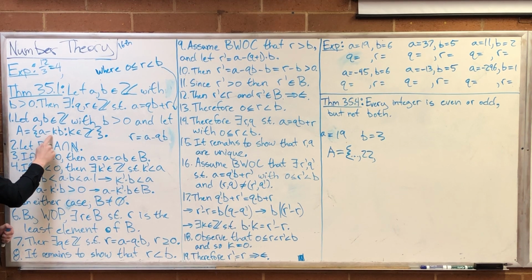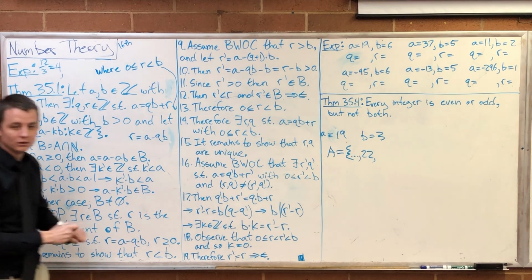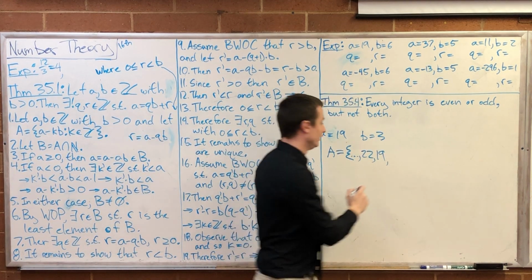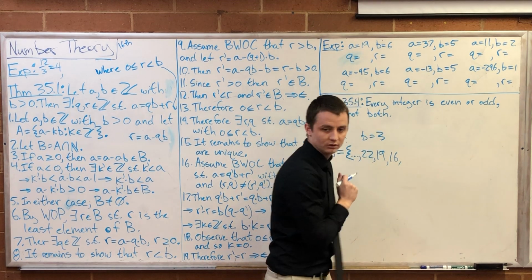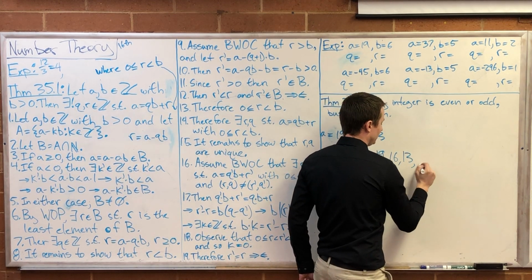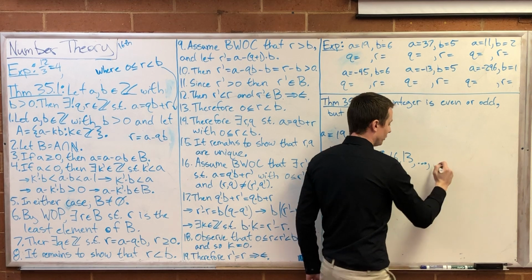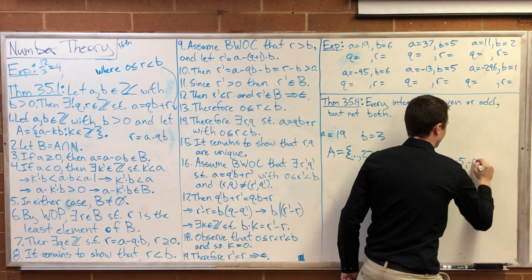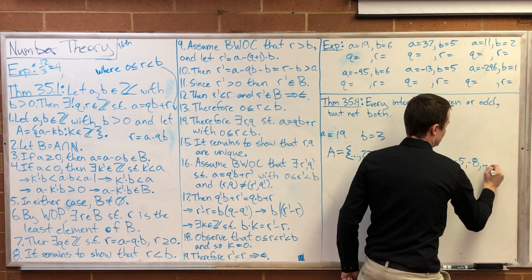Okay, now 19 minus 0 threes, 19. 19 minus 1 three, 19 minus 2 threes, and we keep going. We're eventually going to get 1, then we're going to get negative 2, negative 5, negative 8, and it's going to keep going forever.